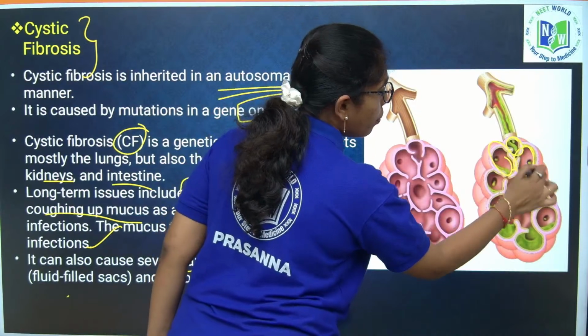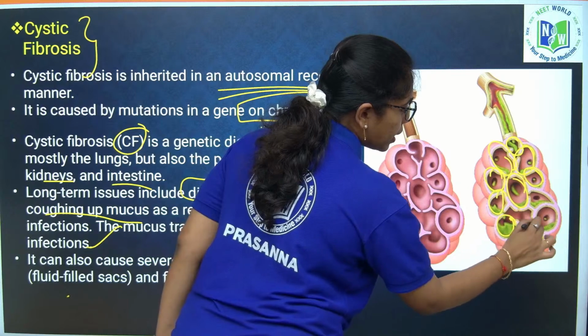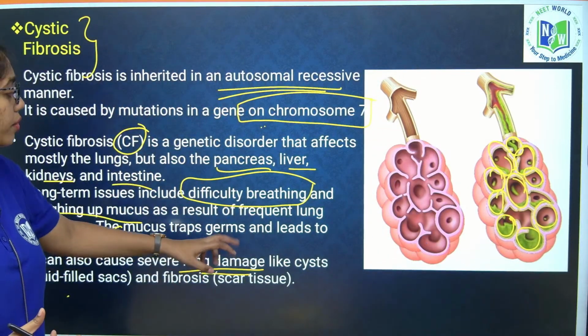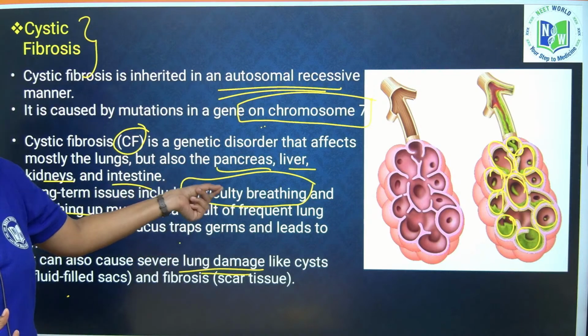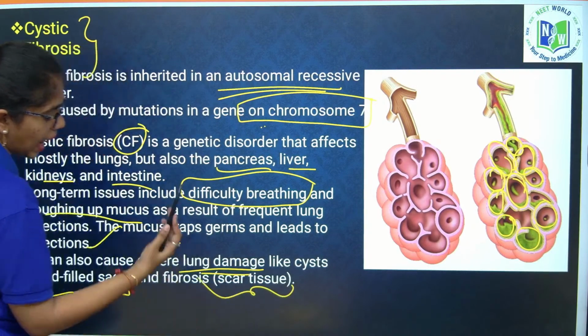Because of the excess mucus, cysts are formed in the lungs. Because of that, there is continuous coughing, they will cough up the mucus, and there will be great difficulty in breathing. So, cyst means fluid filled sacs, fibrosis means scar tissues.